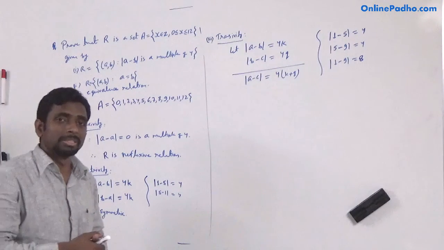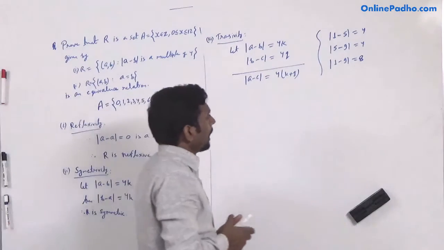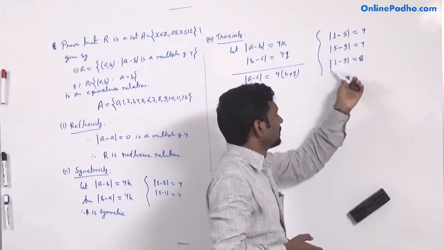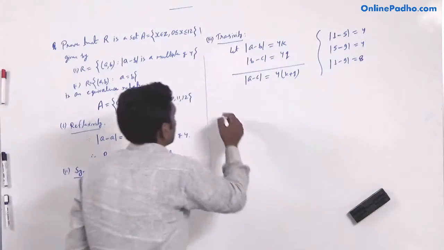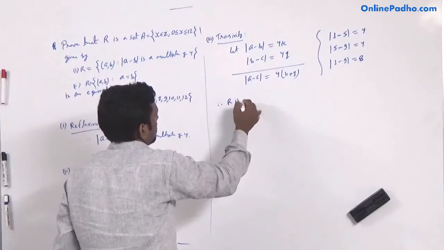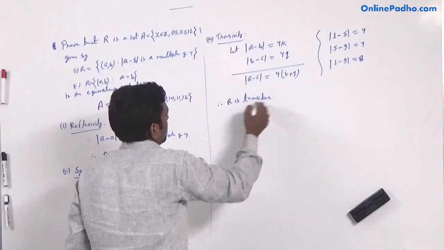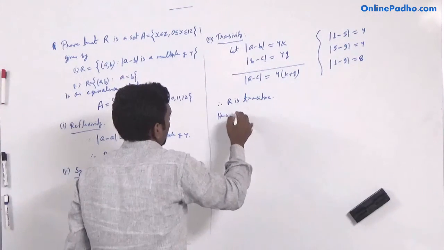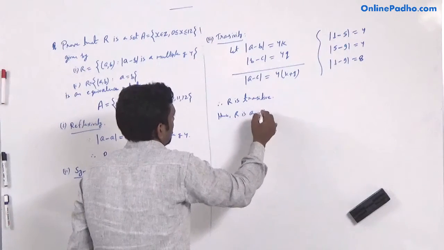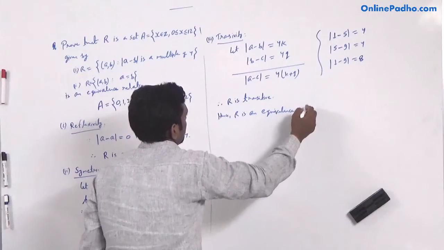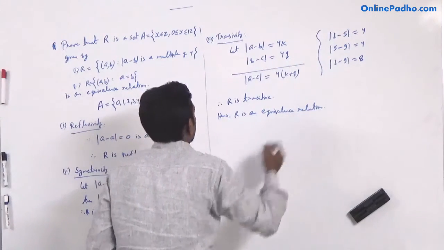Because it's the modulus function, we have to take the equality sign only. If these two are multiples of 4, this is also a multiple of 4. So therefore, we can say that R is transitive. Hence, R is an equivalence relation.